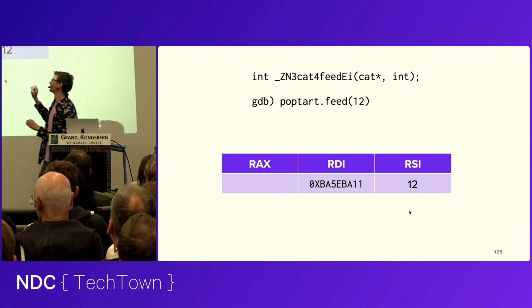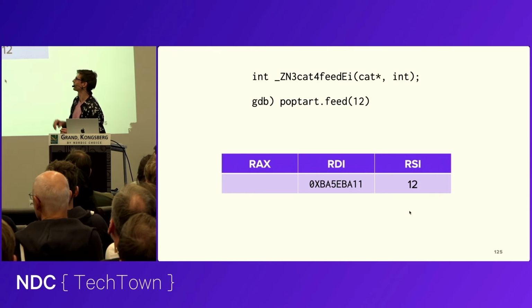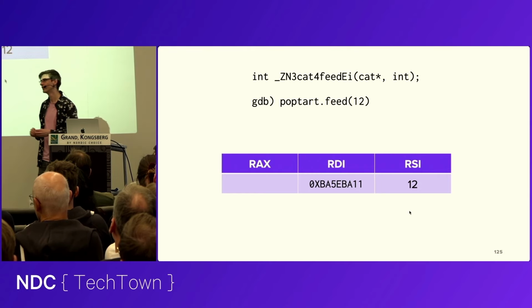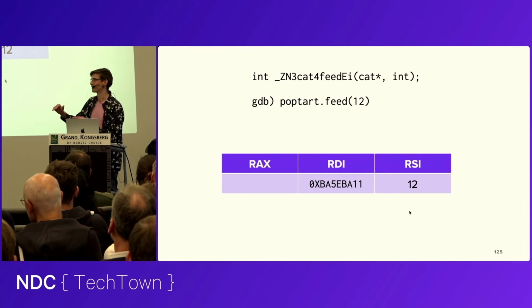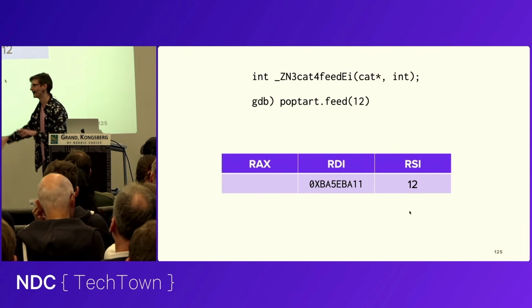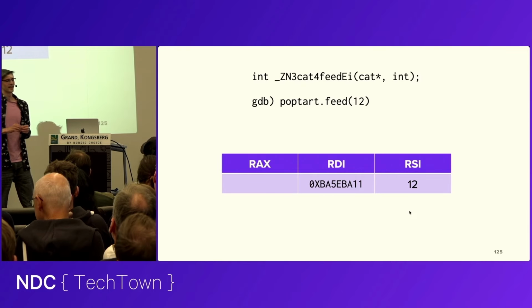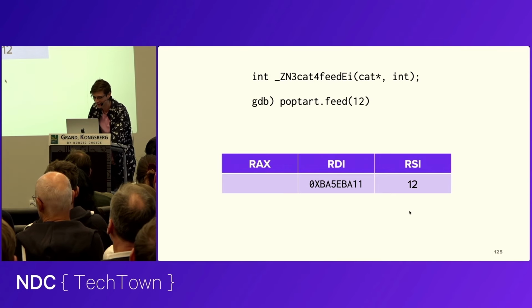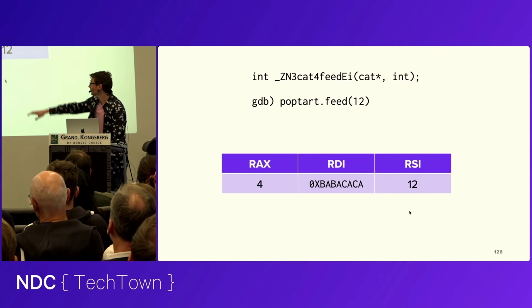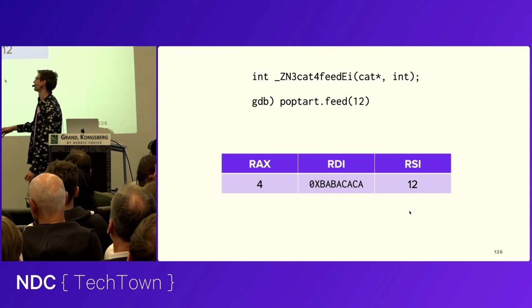If we set our instruction pointer to the address of the function and continue, we need to find a way to stop the program just running off the end of it. That's difficult. We can talk about it later if you want to come up to me. But if we call the function, then we end up with this.